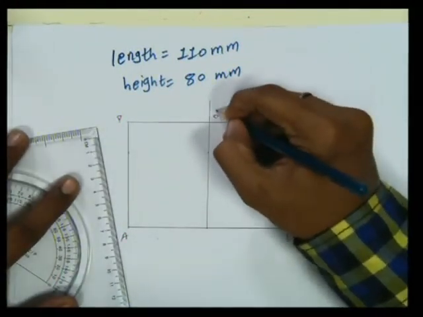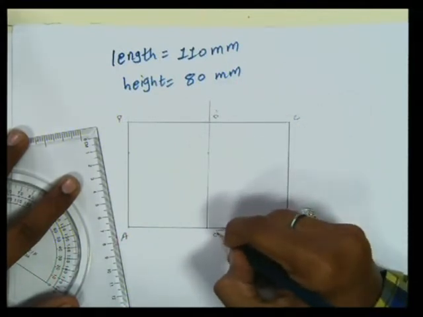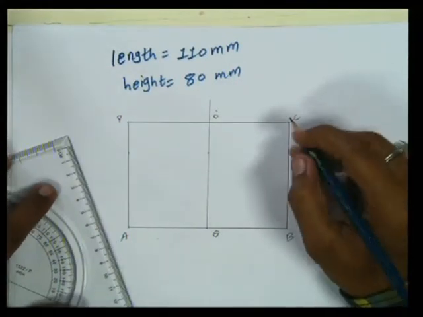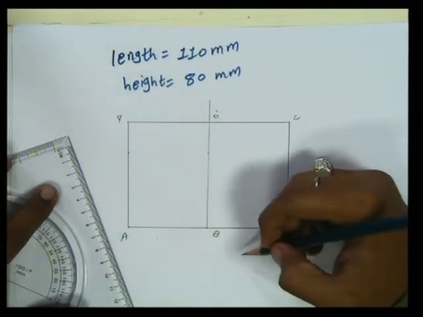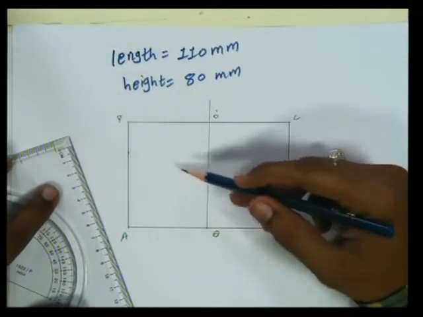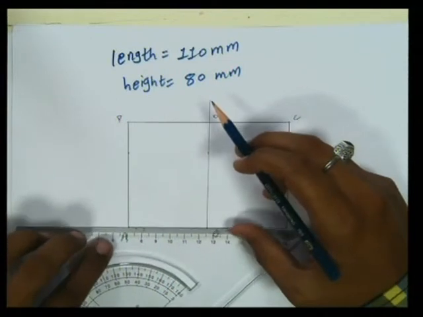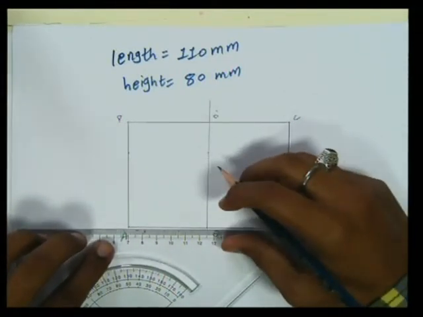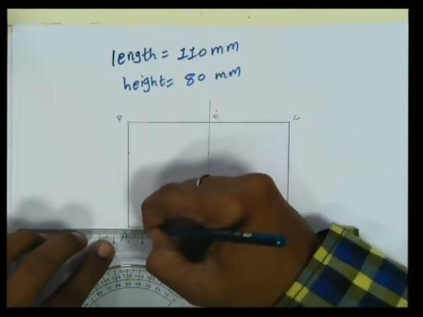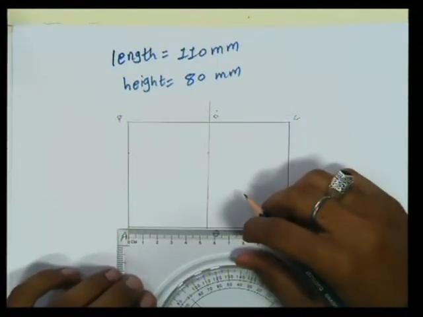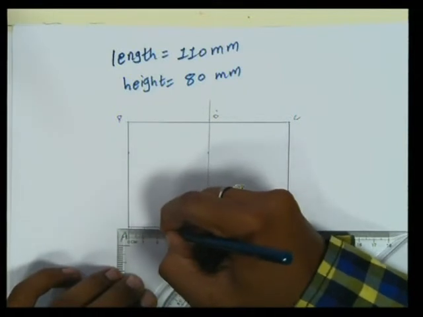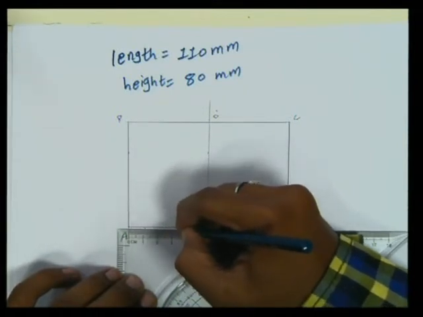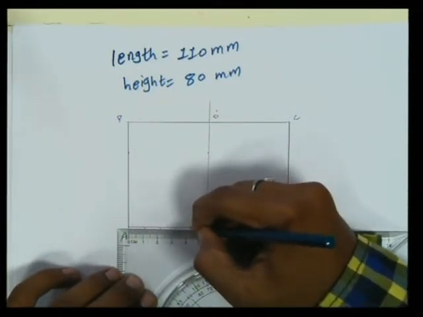Name it OO dash. Divide OA into 5 equal parts and OB into 5 equal parts. 55 means that each part would be 11 mm: 11, 22, 33 and 44.